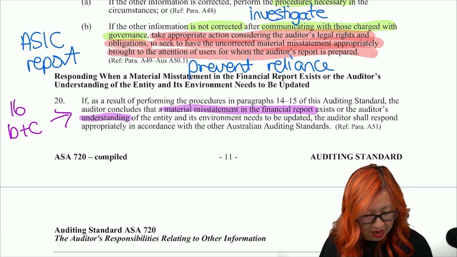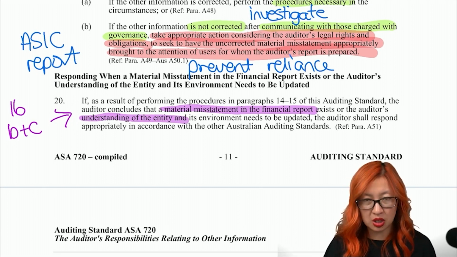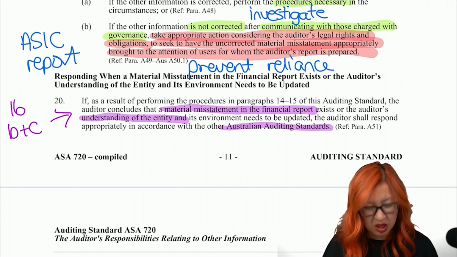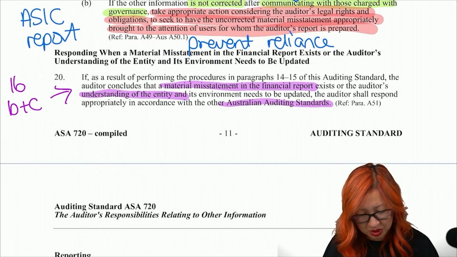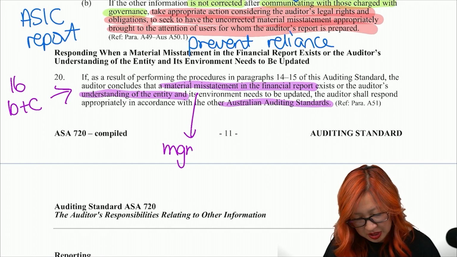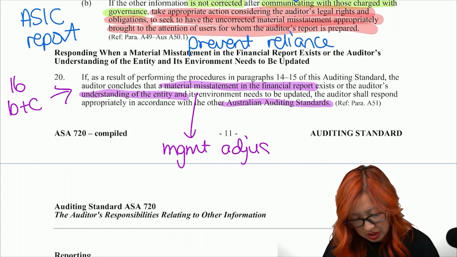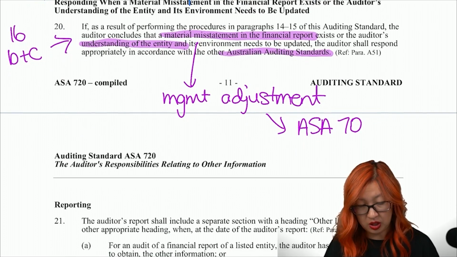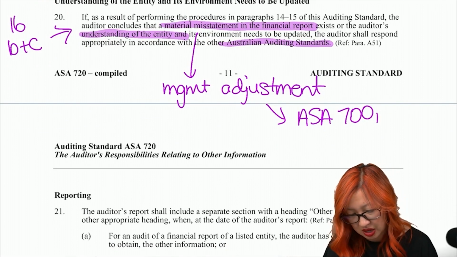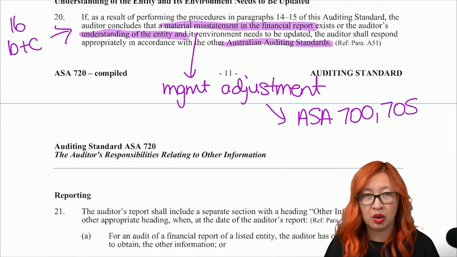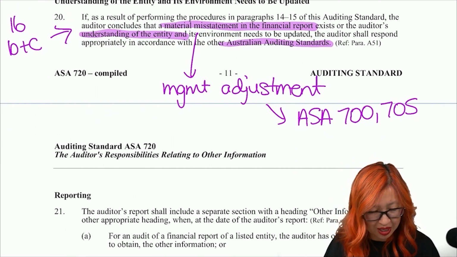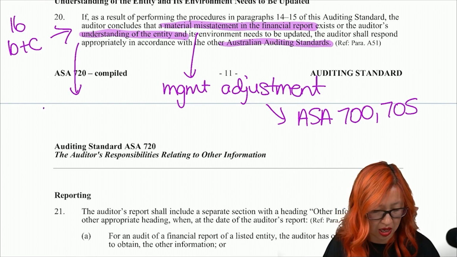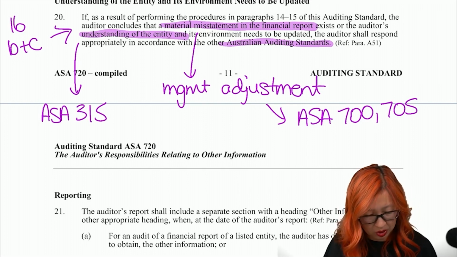Or if I don't understand the entity really well, then it just says, follow the other standards, which really means that if there's a material misstatement in the financial report, you ask management to make an adjustment, and then whether they adjust or not will flow in and affect your audit opinion based on 700 and 705, okay? If I haven't understood the entity, then I need to update my understanding under 315, okay? So those are sort of the requirements.